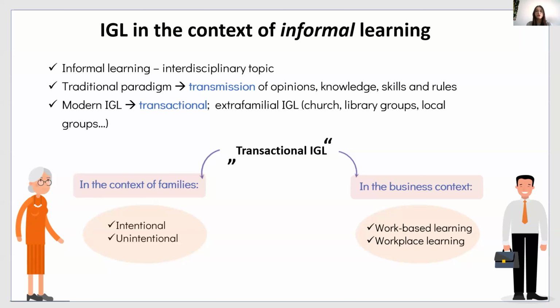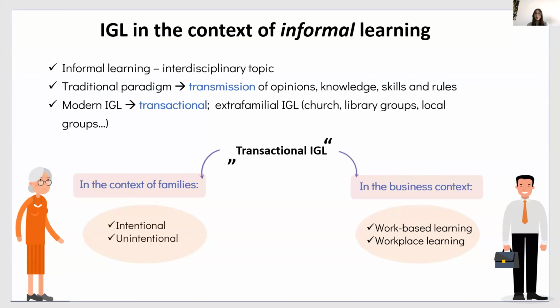This can be observed in two different contexts: in the context of families and in the business context. Family IGL is primarily informal, and it can be both intentional and unintentional. And depending on culture, values, and personal experiences of parenthood and family, it can be both transmissional and transactional.